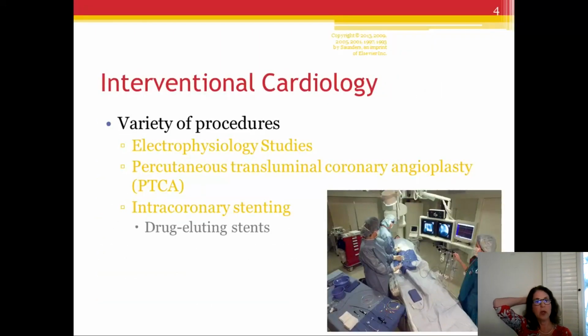Okay? So, typical cath lab going in for a catheterization is literally just picture taking and learning more about what's going on. But sometimes it's literally interventional cardiology, which is going in for procedures. There's a variety of procedures we do. Electrophysiology studies is mapping the electrical grid, so to speak, on the heart, trying to find where the source of irritation is coming from.